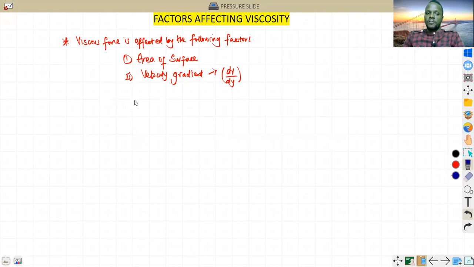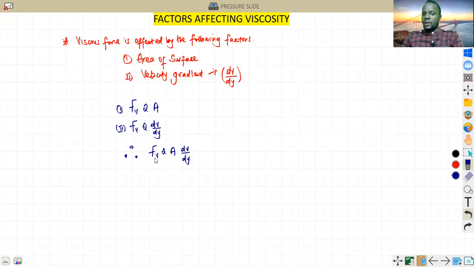So indirectly, we can express this mathematically by saying that the viscous force, which we call Fv, is directly proportional to area. That is one. The viscous force is directly proportional to the velocity gradient, dv by dy, according to what I have here. So mathematically, when we combine these two together, the viscous force is directly proportional to A multiplied by dv by dy.